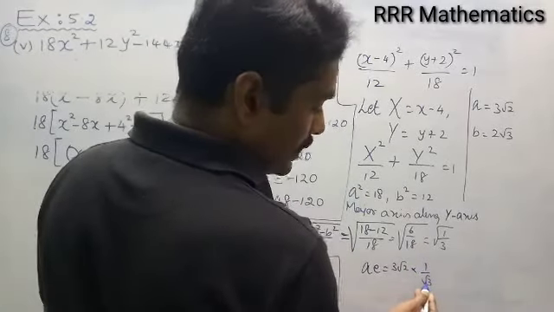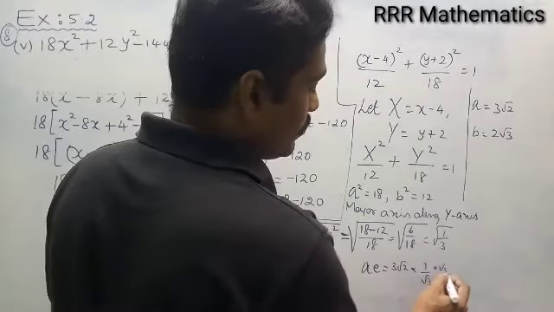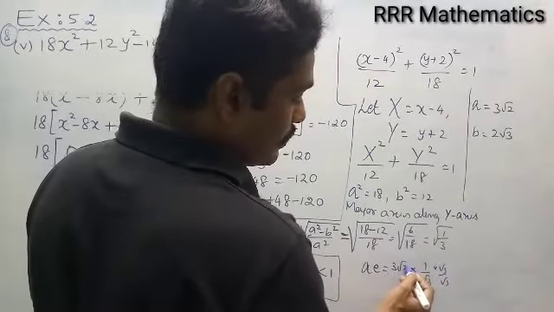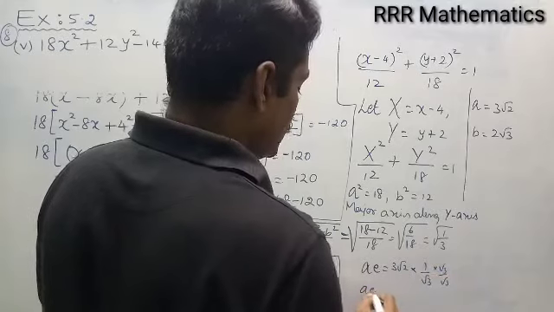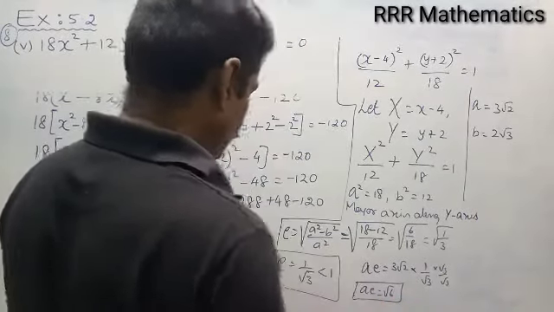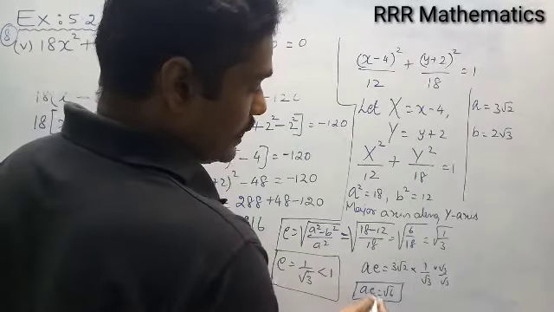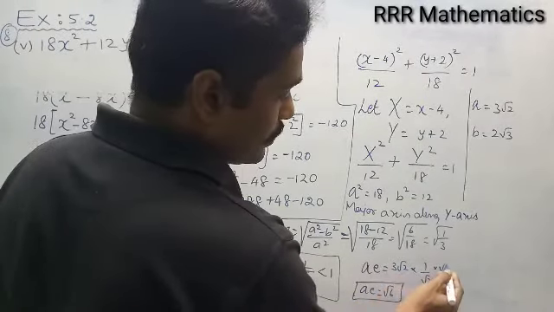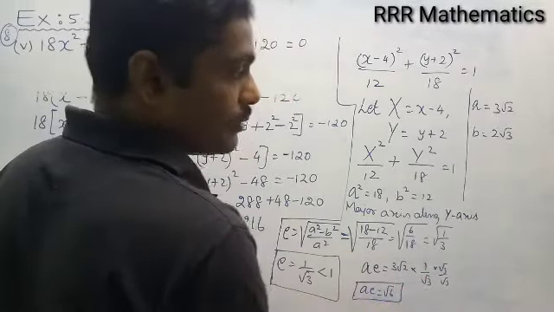Because root 3 appears in the denominator, I multiply and divide by root 3. Root 3 into root 3, 3. 3 cancel here. Root 2 into root 3 gives ae value as root 6. Got it? So in this case, ae will be root 6.